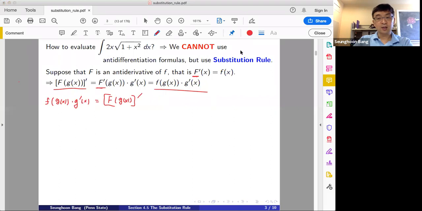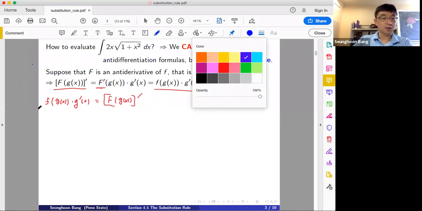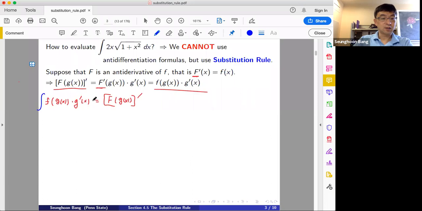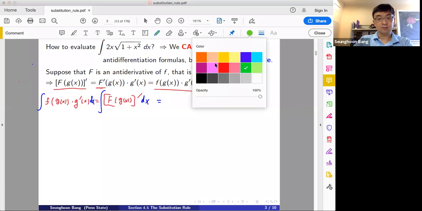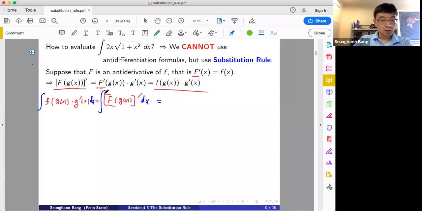We can take the integral of both sides, like this. So what happens? Automatically, the integral and the derivative cancel. We have capital F of g of x plus c, right? This is the indefinite integral version.